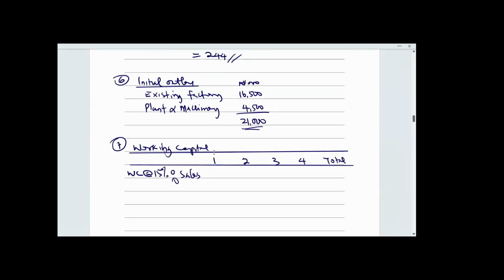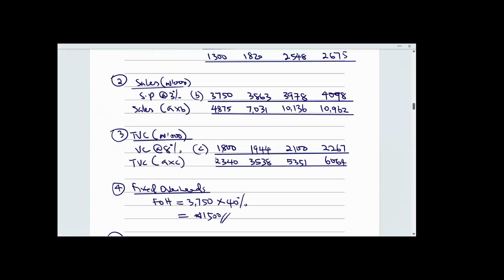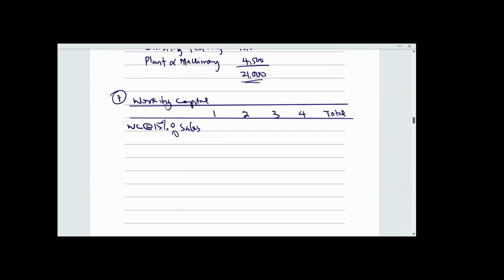So for the first year sales value is 4875. Therefore, 15% of 4875, multiplied by 0.15, is 731.